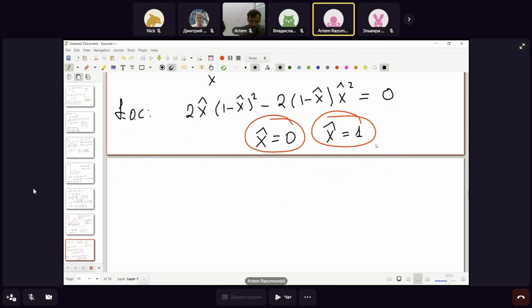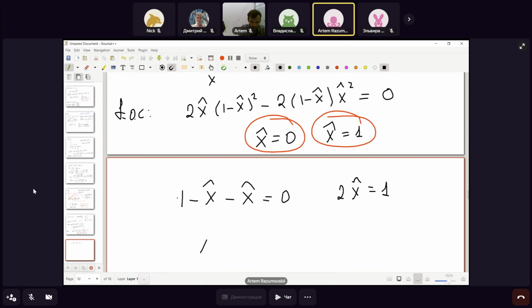So let's divide by x and by 1 minus x, and by 2 as well. So that will be 1 minus x minus x equal to 0. And the solution is 1/2.